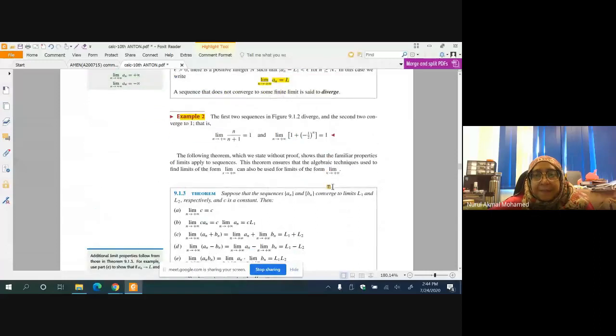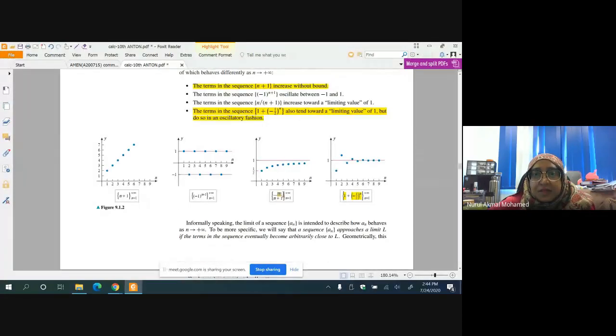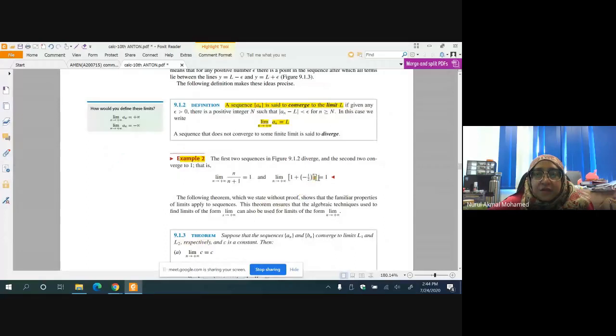And then the limit of n over n plus 1 as n tends to plus infinity is equal to 1. Okay, I think this is for the third one. Yes, n over n plus 1. And this is for the fourth one.